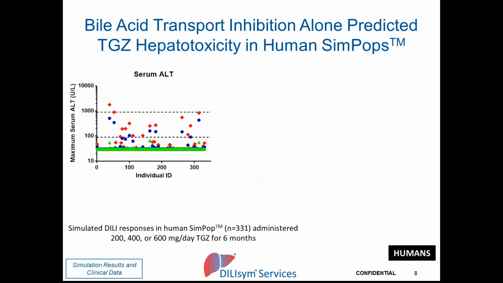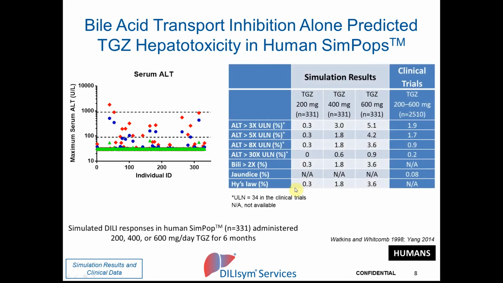So taking these simulation results and translating them from graphical form into tabular form, you can see here are the columns representing the frequency of hepatotoxicity for each of the simulated dosing groups, 200, 400, and 600 milligrams, compared with what was reported in the publicly available data for the clinical trials.